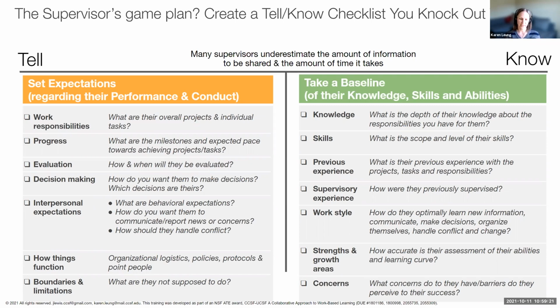On the left-hand side is the Tell side, a checklist of information that will hopefully help your student employee gain a clear understanding of what's expected of them, of their performance and conduct in their new role. And on the Know side, this covers a list of information that hopefully you as the supervisor would be able to gather to help you understand your new employee's baseline knowledge, skills and abilities.